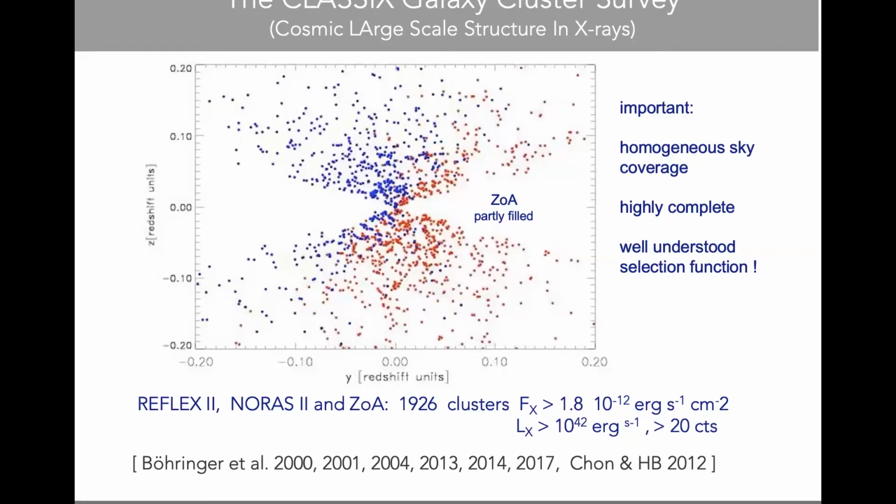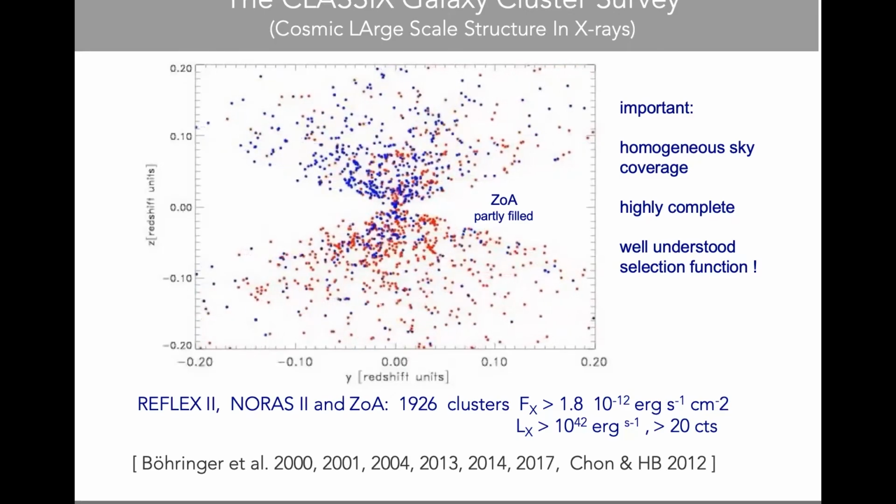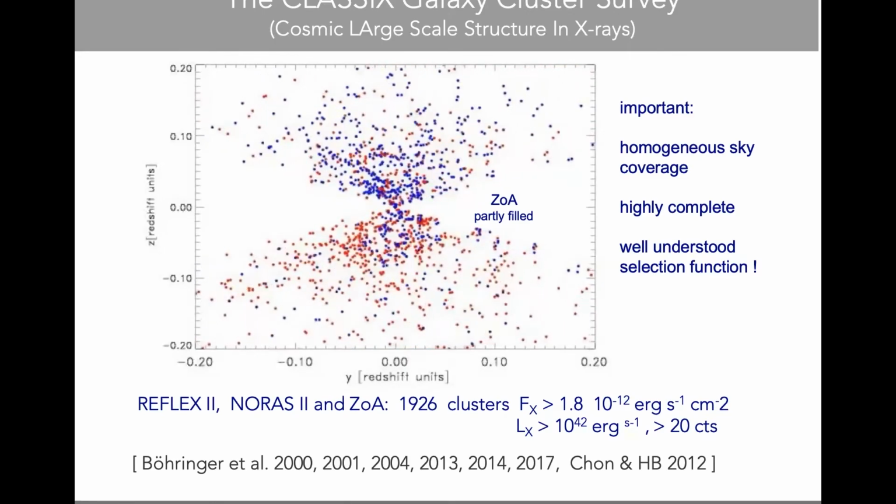Flux limit means that high-luminosity clusters we see out to a large distance, while low-luminosity clusters we only see nearby. But we have a good feel for how we are selecting them. And that is now a 3D representation of the galaxy clusters, and I can animate that a little bit. The distribution of the galaxy clusters is surely not a Poissonian distribution.